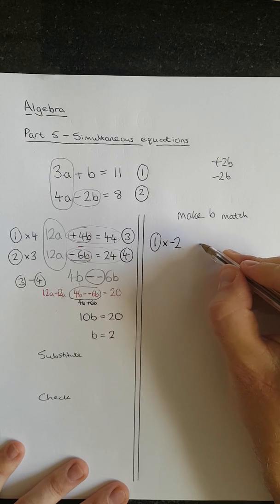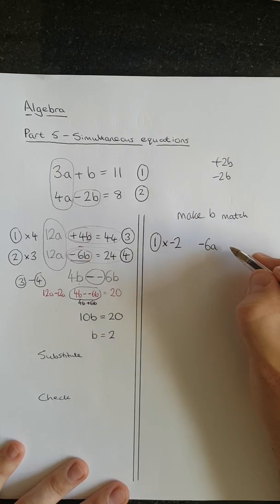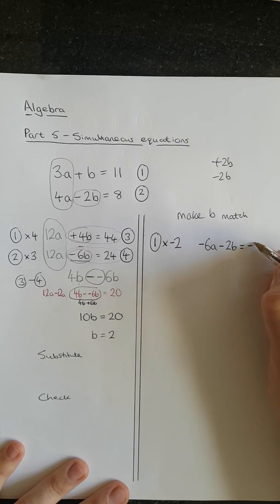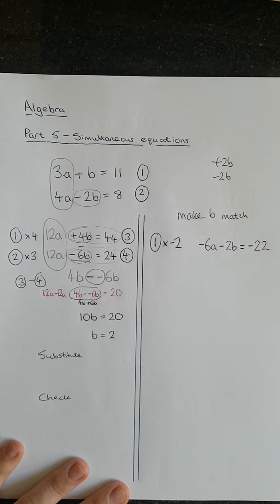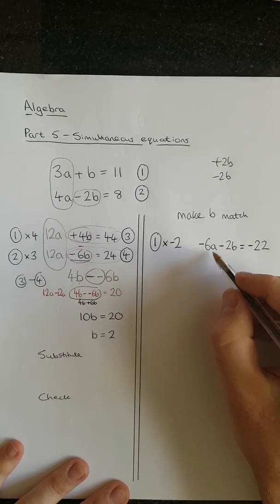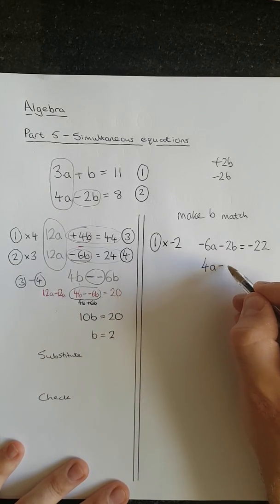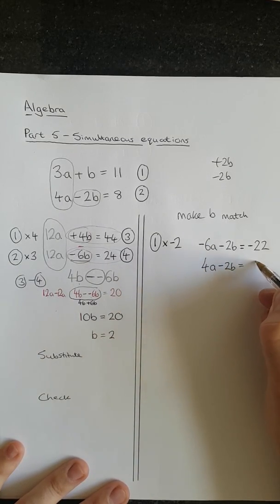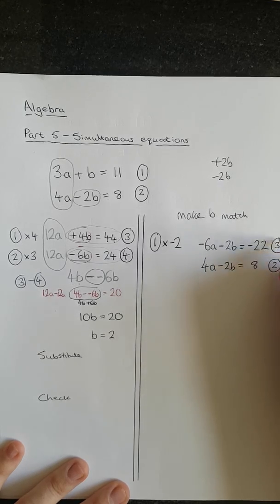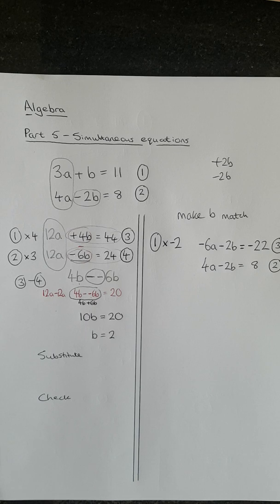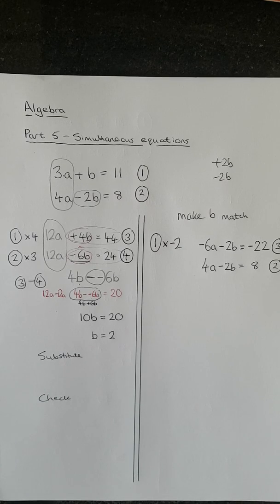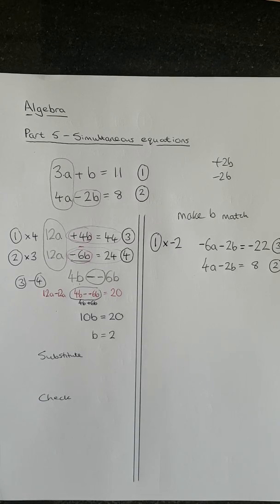Which gives me minus 6a minus 2b equals minus 22. And I'm going to keep equation 2 exactly the same. So now my B's match.